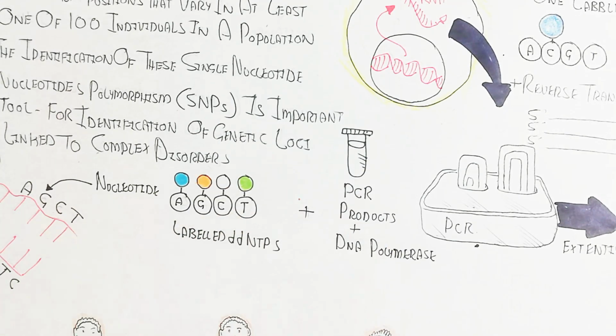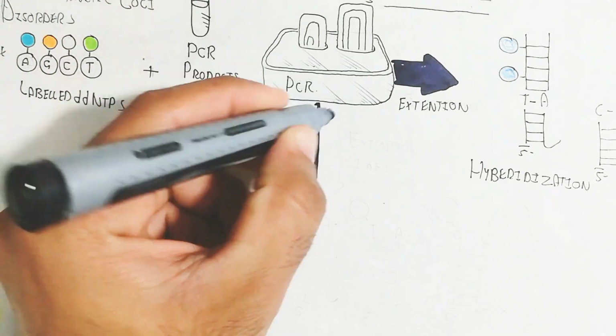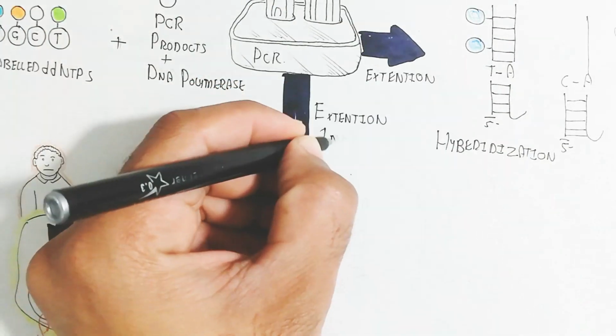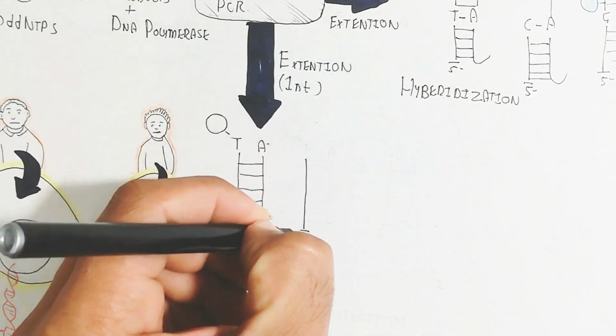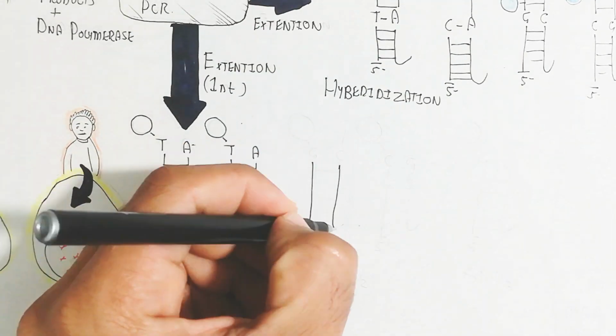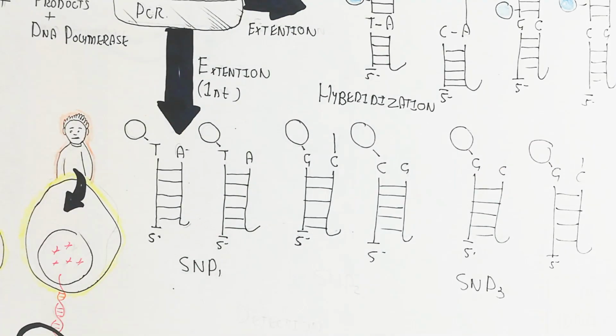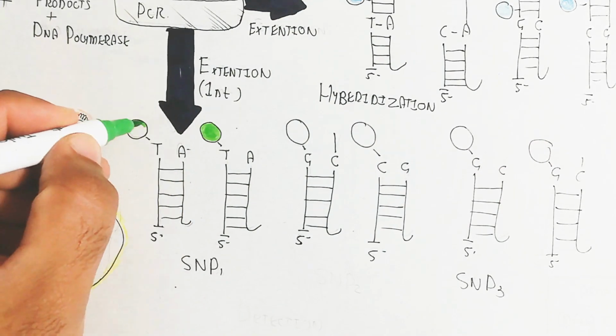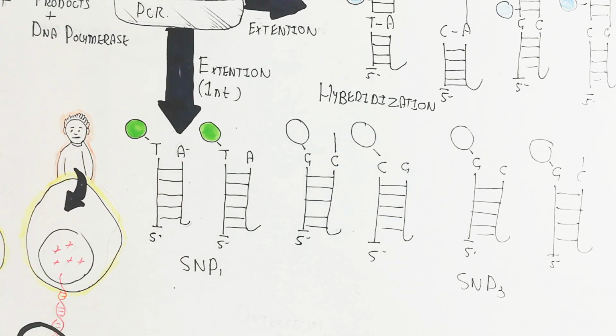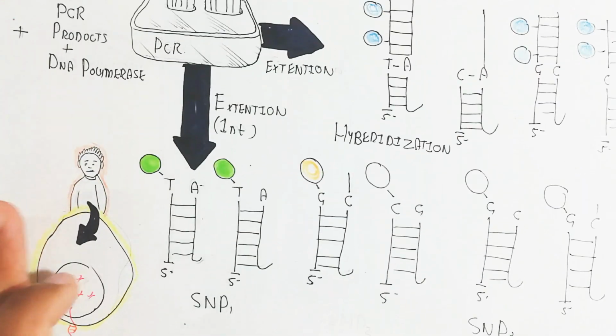And we can also add PCR products and DNA polymerase for synthesis and increase the amplification of the segments. When the terminal region is T, the thymine, the specific probe will be attached for the production of color, and this fluorophore will produce color after the termination of each segment.